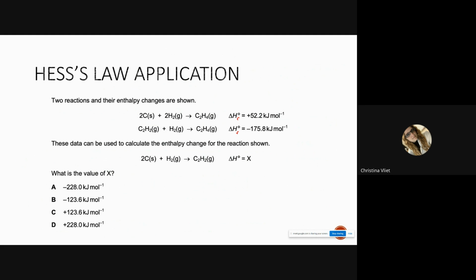Then they ask you, well, here's a new reaction. What's this enthalpy change? They ask you to come up with the enthalpy change of a reaction that is some combination of other reactions. Let's take a look at how to do this.